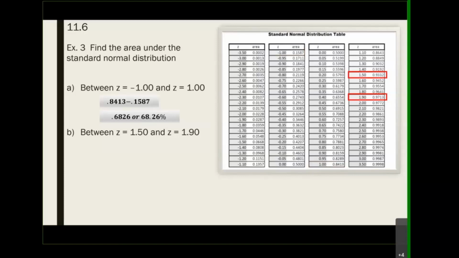First we identify the z-score and the area that corresponds to it. Now I just take the bigger area minus the smaller area, 0.9713 minus 0.9332. Everybody agree that we have the leftover of 0.0381, or 3.81%.